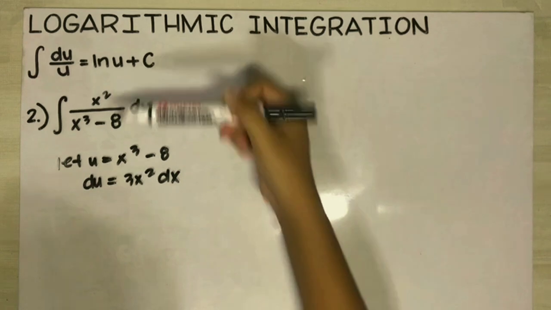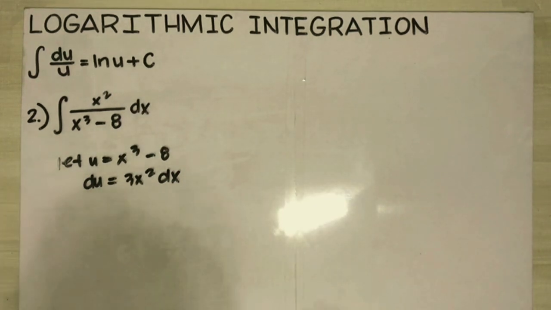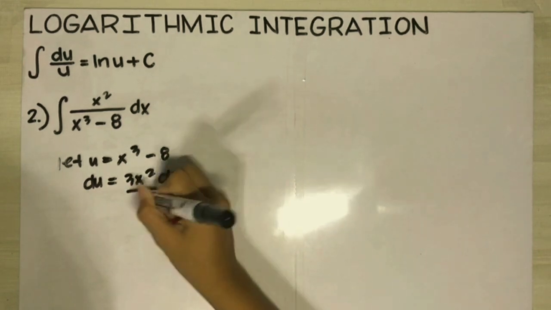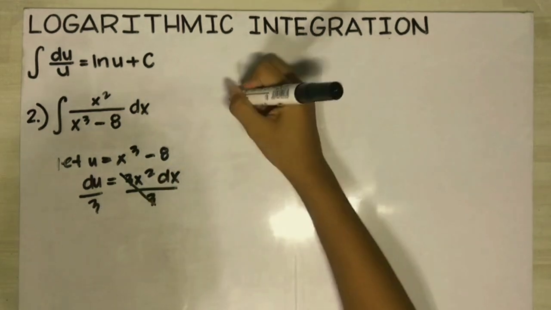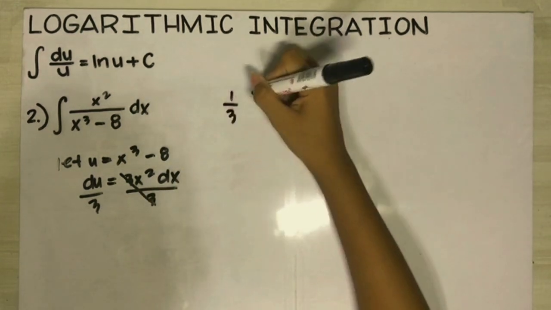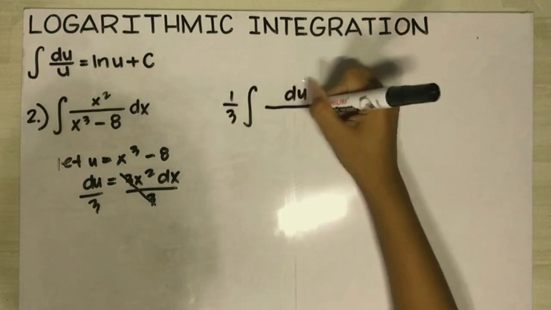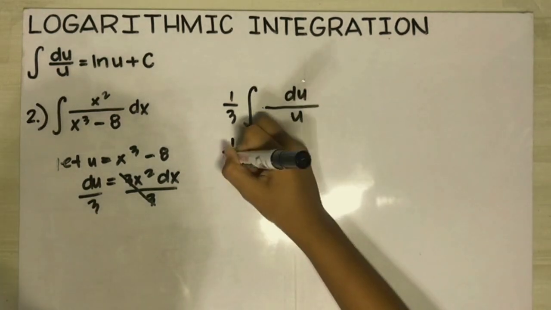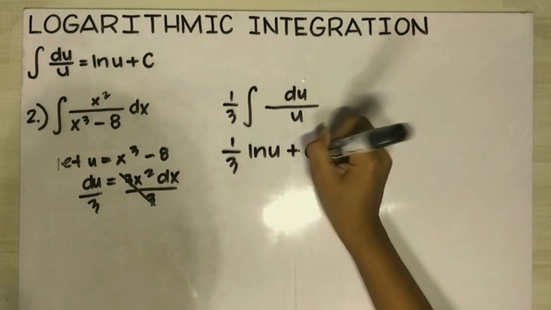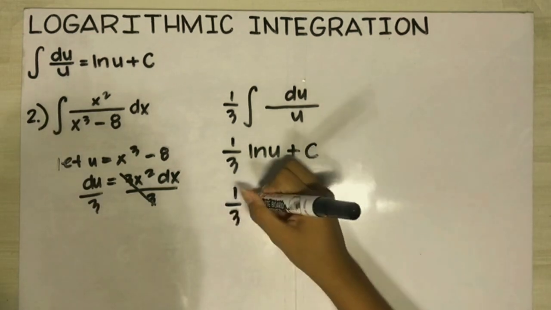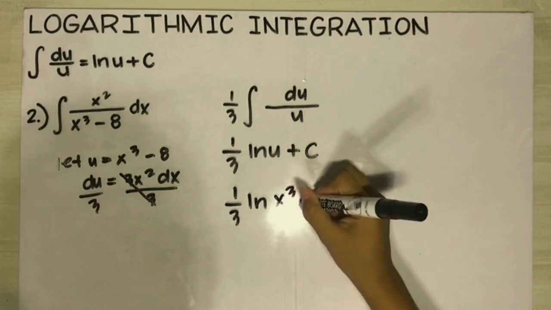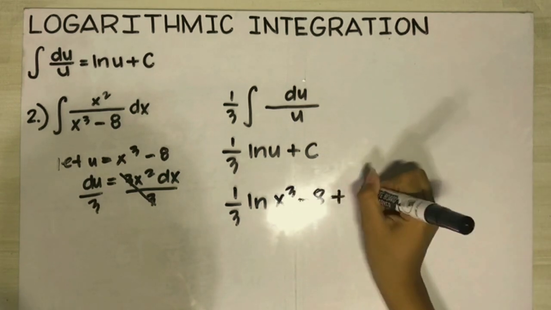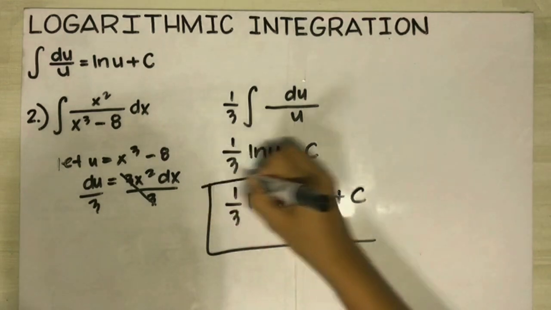Let's just divide both sides by 3 so that we can cancel the 3 and make our numerator du. So let's separate the constant and write the formula. And then, we write u as x cubed minus 8 and add the c, the constant. So this is our final answer.